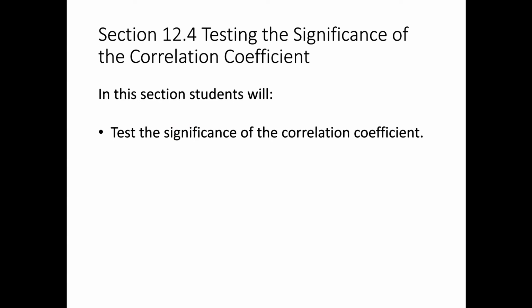You can also do a test to see if the slope is sufficiently away from 0. Can you see how those are both the same thing? If the slope of the line is 0, it's horizontal. Can I use a linear regression on a horizontal line? No.